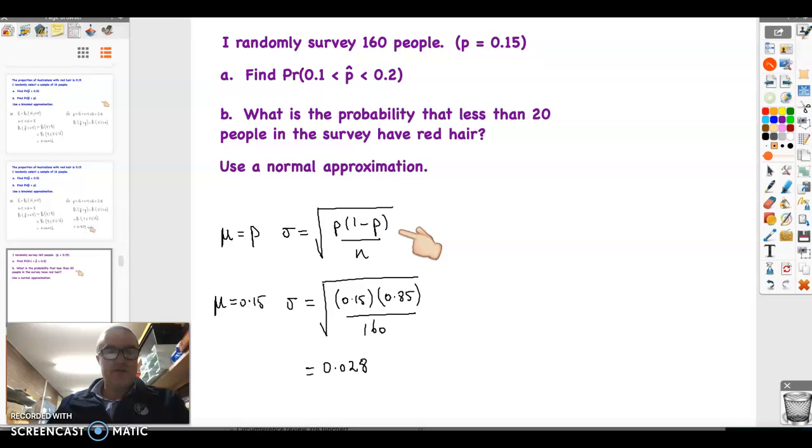We're going to use our formula for the standard deviation, which would be 0.15 multiplied by 1 minus that, which is 0.85, divided by 160. We'll take our square root. Gives us a standard deviation of 0.028. So now we've got our mean and our standard deviation, we're in a position to start using the normal approximation.